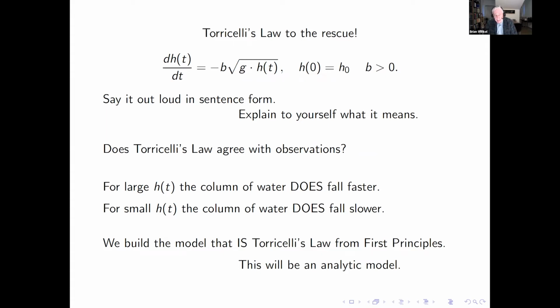And if we look at it, we'll see that when the height is big, the square root of height is big. So initially, when the height is high and we have lots of water, the rate at which the water is falling is big. When height is very small, then the rate at which the water is falling is very small. And that makes a kind of an intuitive sense.